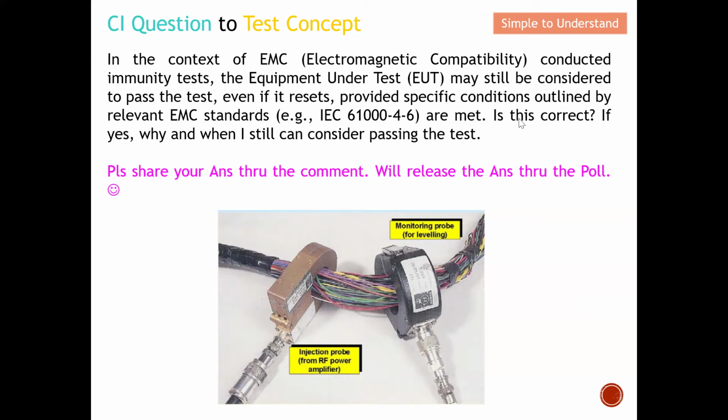Is this correct? This is what it means: when I do this conducted immunity test, the EUT, the equipment that I want to test, somehow resets. Can I consider it to pass the conducted immunity test, or does it fail? So this is the question.